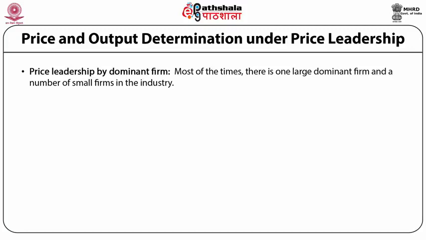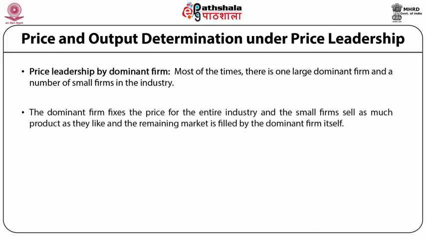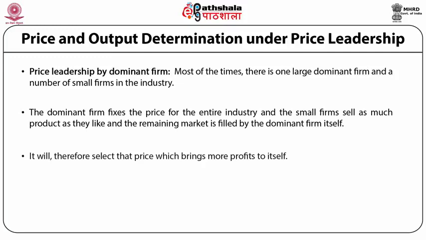Most of the time, there is one large dominant firm and a number of small firms in the industry. The dominant firm fixes the price for the entire industry and the small firms sell as much product as they like, and the remaining market is filled by the dominant firm itself. It will therefore select that price which brings more profit to itself.